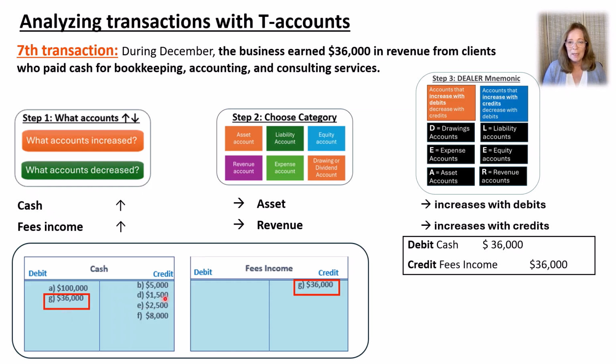We learned in step 3 that revenue accounts increase with credits on the right side of the T account. We create a T account for fees income, write the transaction G and the amount of $36,000 into the credit column of the fees income T account. We completed the analysis of our 7th business transaction with the help of T accounts. Let's practice some more.